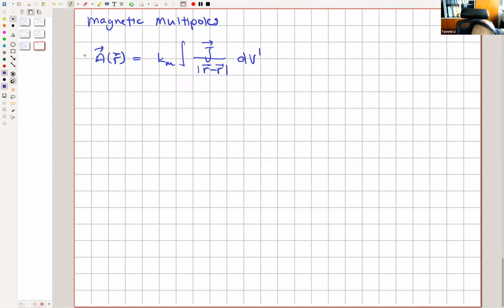So instead of considering a volume integral, let me consider it as some line integral with a constant current going through it. So here we can also write it like this. Right? So this is just a loop of current I.